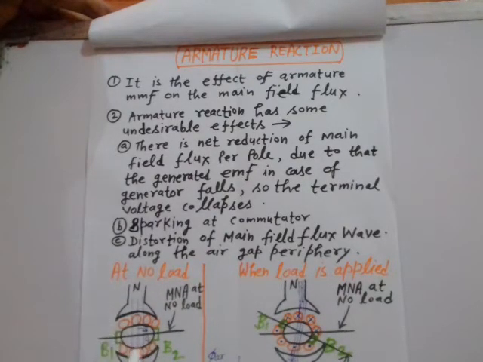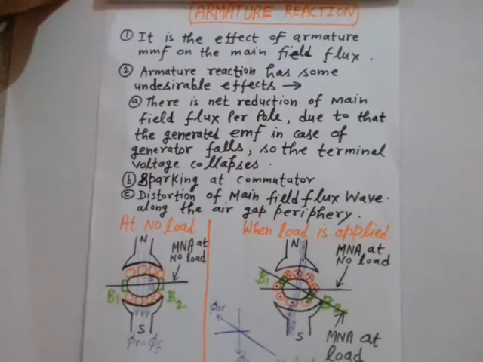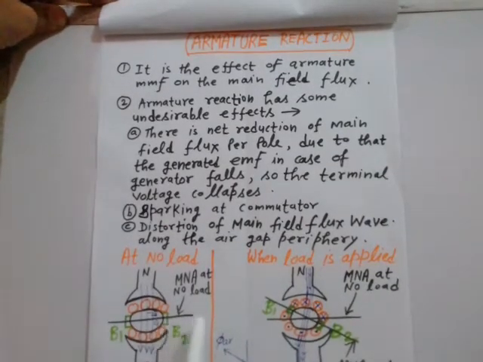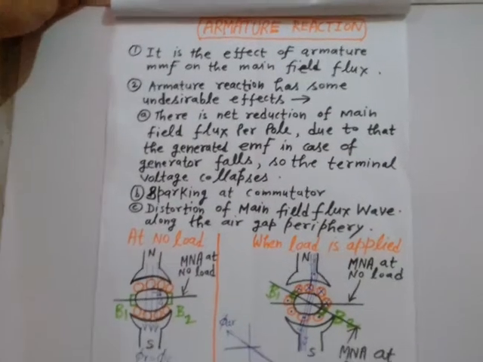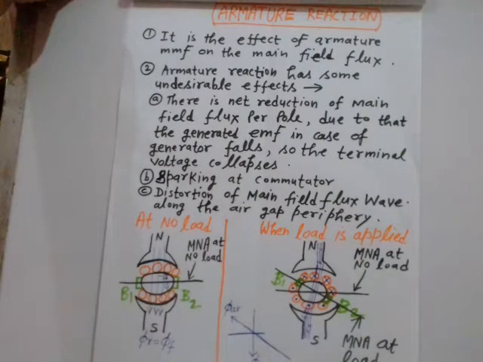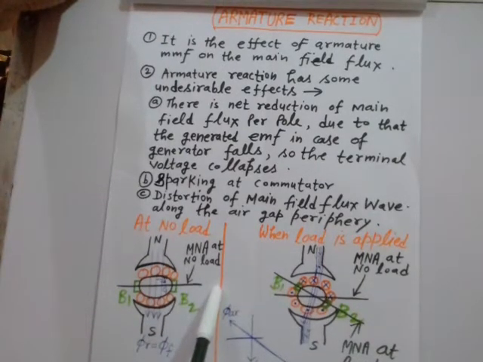So there will be only one flux in the machine, that is the field flux due to the main field poles, north and south. The resultant flux phi r is the field flux at no load.